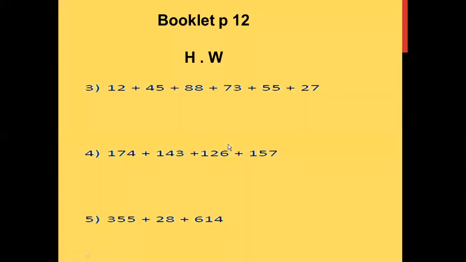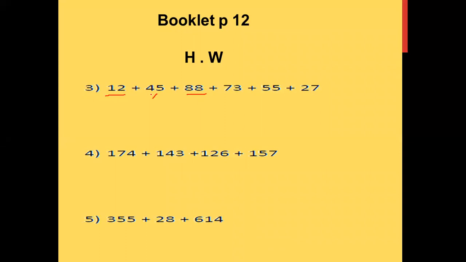Okay, this one is for you. This is homework. Okay, you will search for the components of 10. Okay, I can solve the first: 12, 45, 88, 73, 55, 27. I will take 12 with 88. This starts with 2 and this starts with 8.